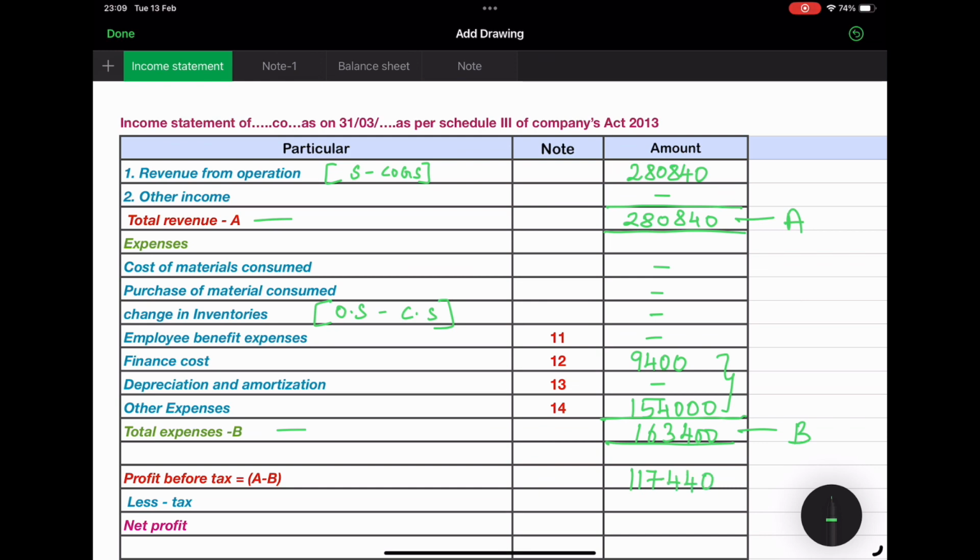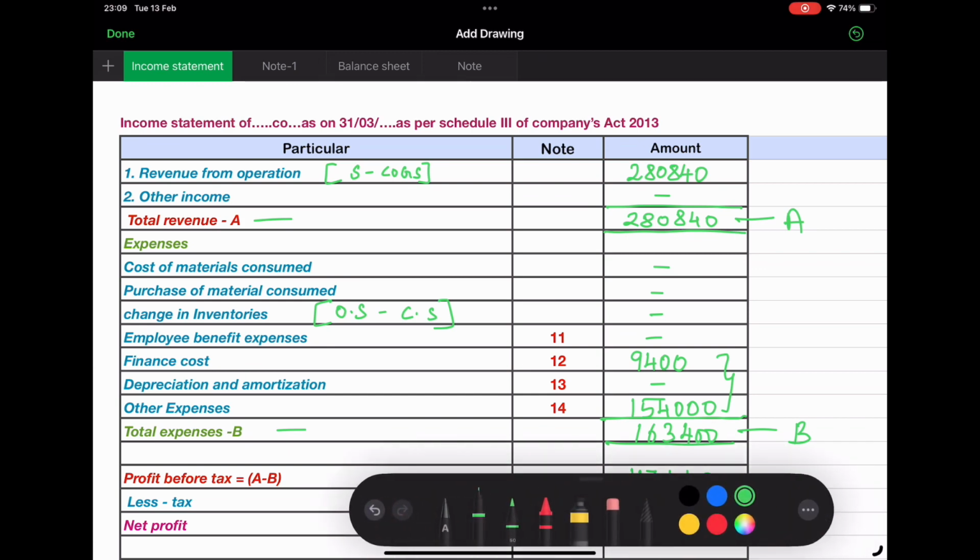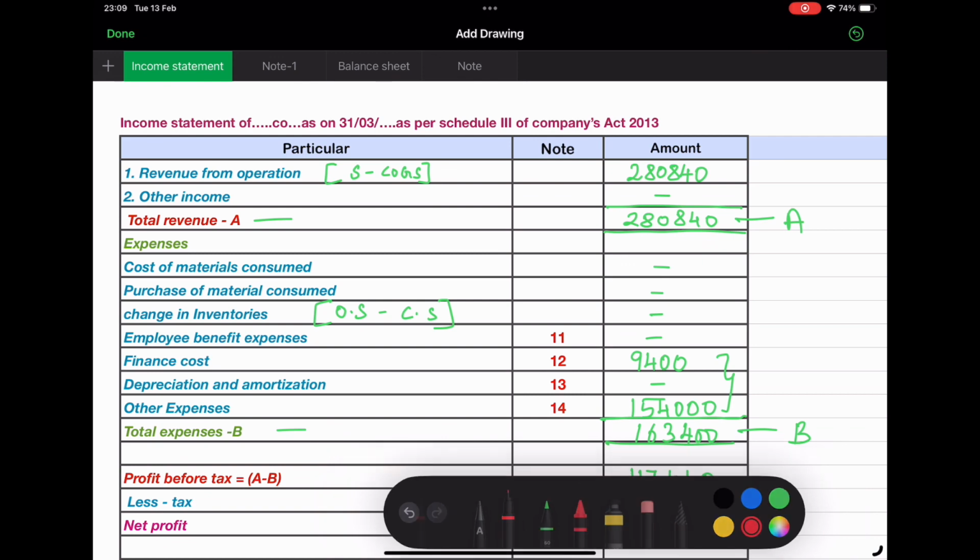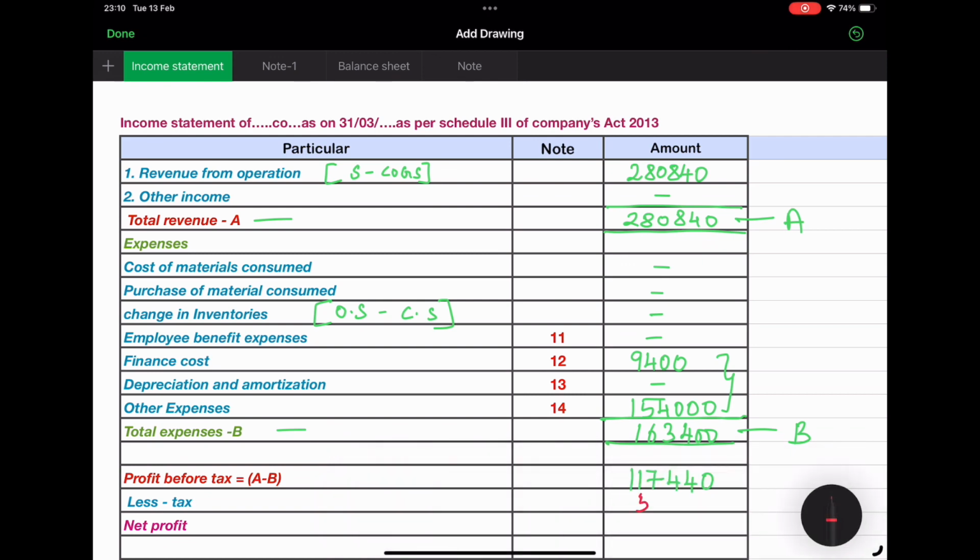Okay, next, less tax burden. In the question they have given the tax burden. We have to reduce tax, that is, okay, tax I will write in red color. So 52,000.